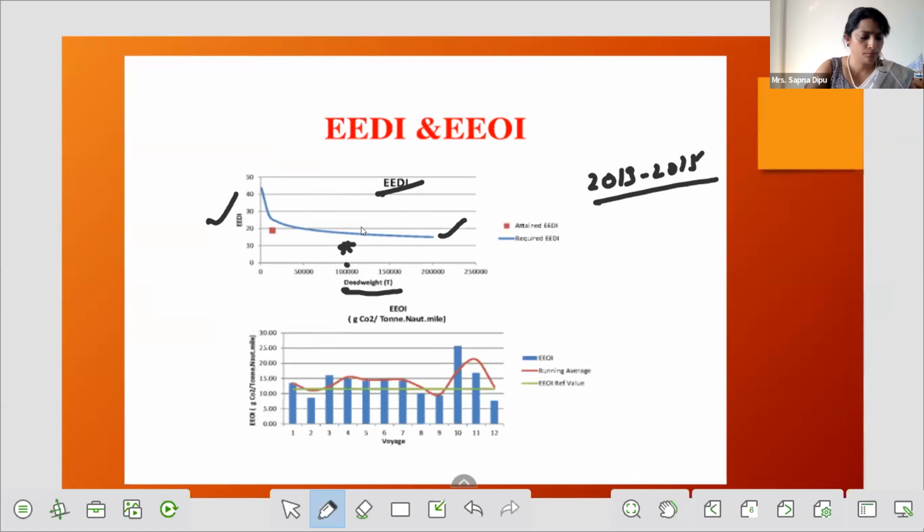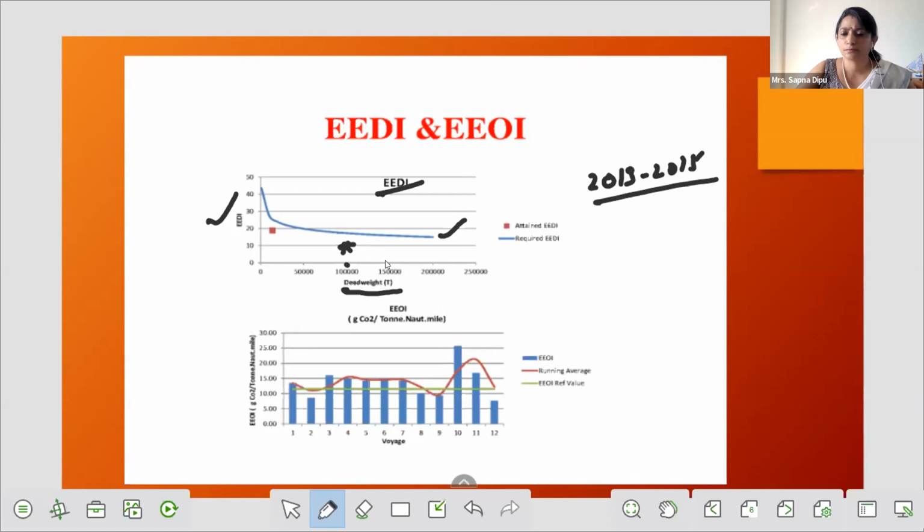Generally in design, what we think of is that what you have attained should be more than the required. But in this case, since it is a negative factor, that is carbon dioxide emission, the attained EEDI should be lesser than the required EEDI. Another important thing is the phases.